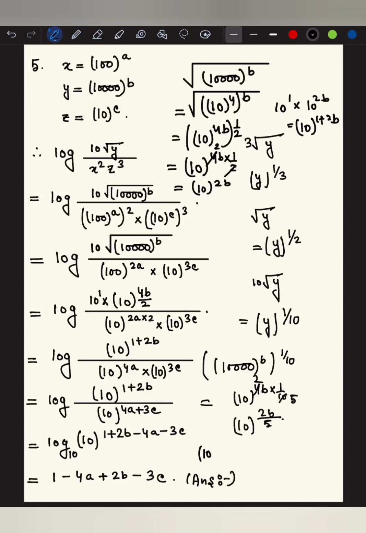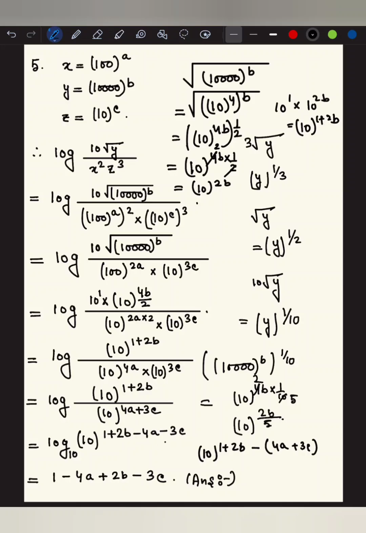This 10 to the power 1 plus 2b was already there, and it was divided by 10 to the power 4a plus 3c. So when we write it in the combined manner, we can say that 10 to the power 1 plus 2b minus 4a plus 3c, and simplifying it further we get 10 to the power 1 plus 2b minus 4a minus 3c.